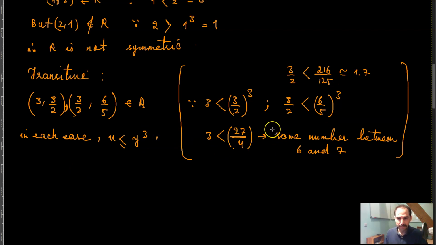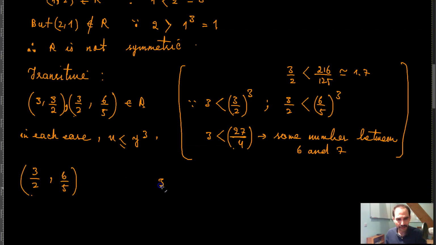Now if R is transitive, then let's see if 3/2 and 6/5 also belongs to R. So 3/2 comma 6/5.